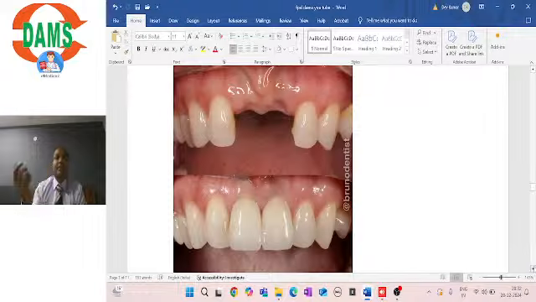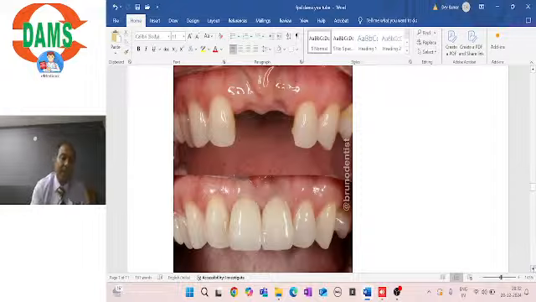Before cementation, if you show it to the patient, the color is different. But when you cement it, because those veneers are very, very thin, the color might change, right? So there are trial cements, you can mix it with glycerin, and you can go ahead with the cementation of the veneers.